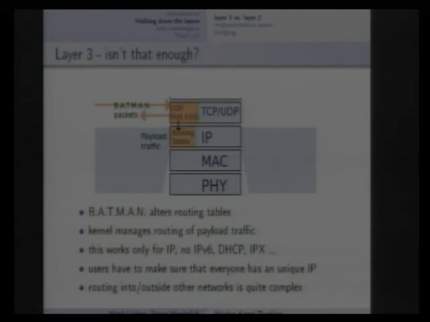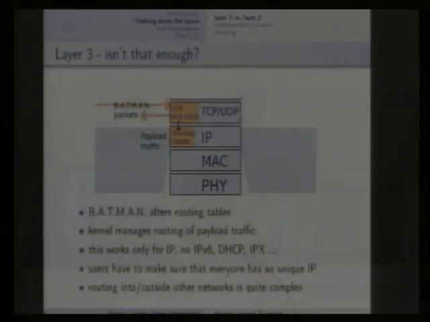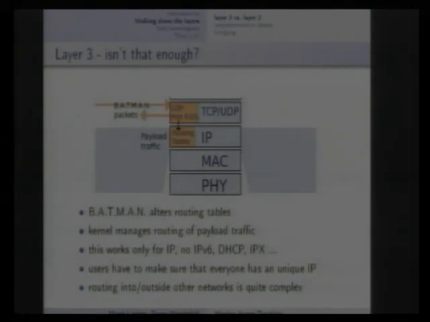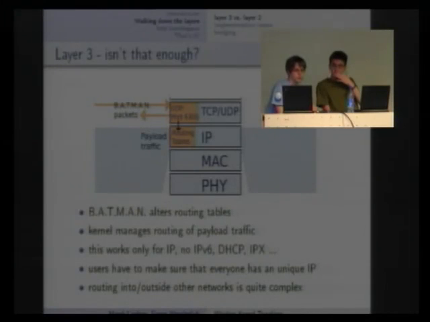So you see, the daemon only exchanges routing information, for example on some UDP port, and sets the routing tables. Payload traffic is routed by the kernel. If a packet comes in, the kernel looks at it, sees the routing tables, and knows it has to forward it on this device to this neighbor. So we don't have to manage this. We only set routing tables.